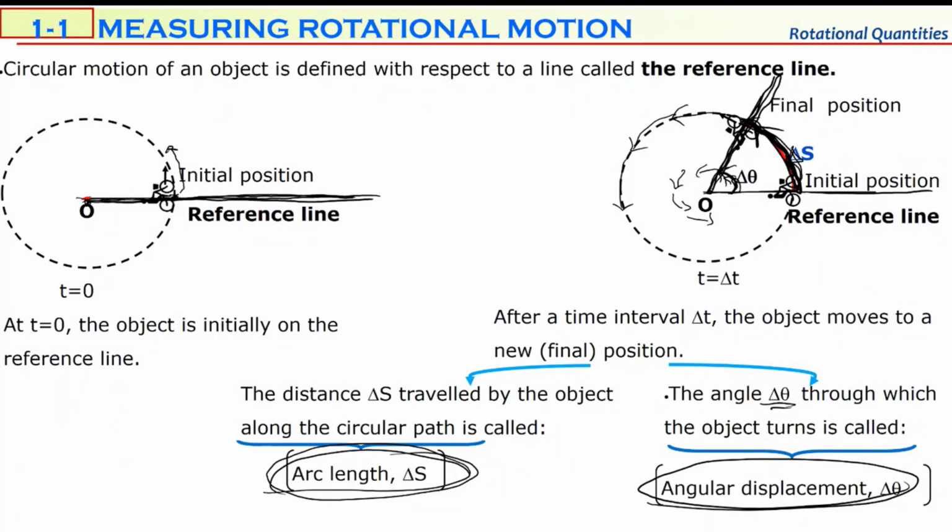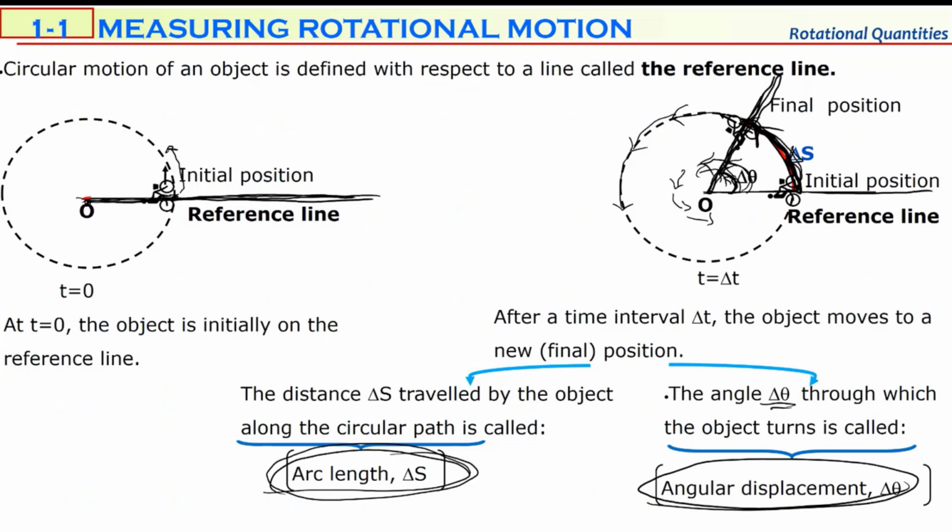Now, questions about this? Yes, teacher. So for circular path, we use delta S always, right? Delta S is for distance. If you want to express the motion in terms of meters or centimeters, we will use delta S. But if you define this motion by angle, we are going to use radian or degree, which is called angular displacement.